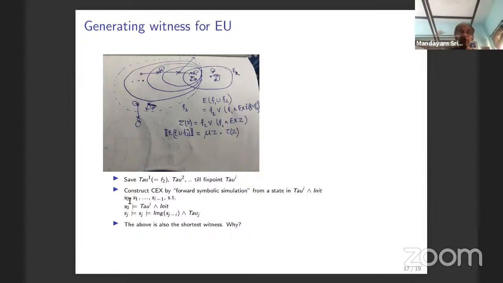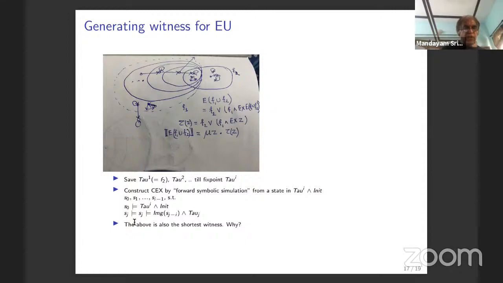I've kind of reversed the thing here. I've indexed this starting from S0. So S0 should be a state that satisfies tau i, an explicit state in it.